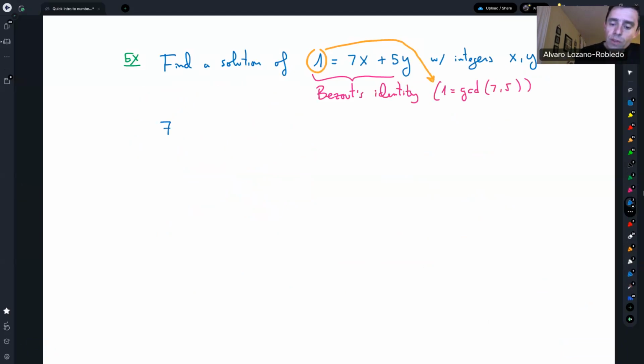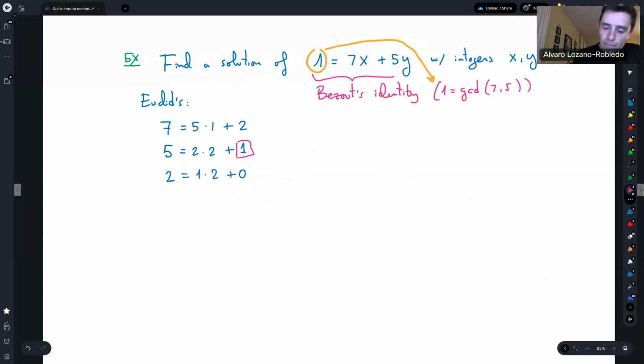So we start with Euclid's algorithm. First, use Euclid's. 7 is 5 times 1 plus 2. 5 is 2 times 2 plus 1. And then 2 is 1 times 2 plus 0. So here's the GCD.